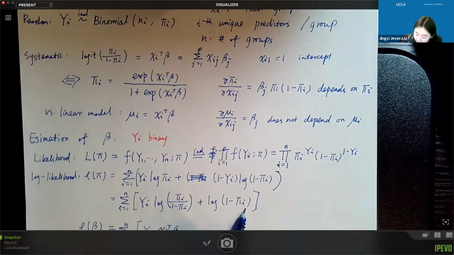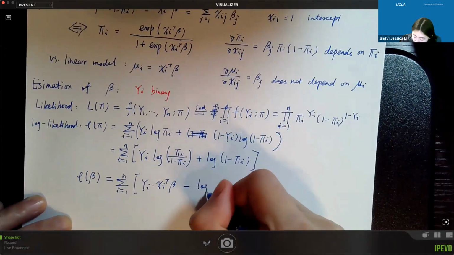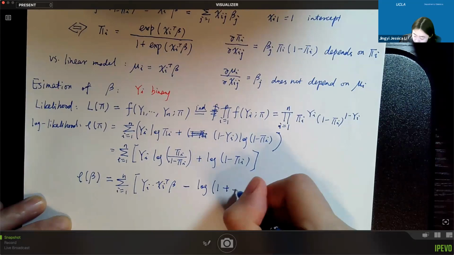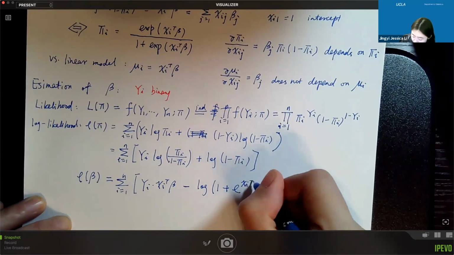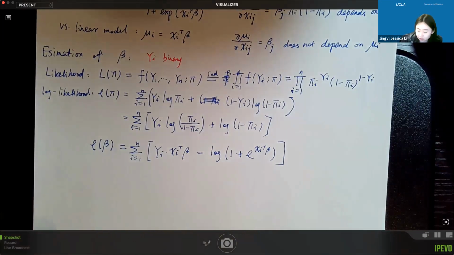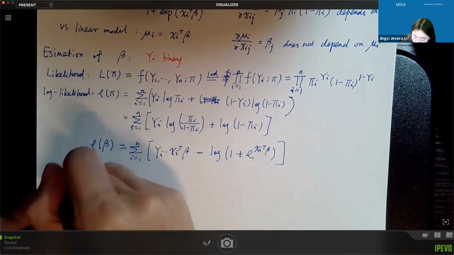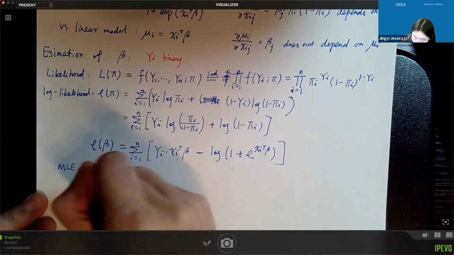So in other words, I can easily see this is equal to minus log of 1 plus exponential of xi transpose beta. Okay, so now I write down the log likelihood as this. Then what's left is to find a maximizer for this function. And that maximizer is what we are going to call beta hat.